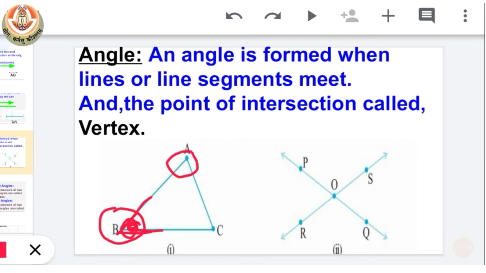Similarly, here this point A and this point C are vertices. Now in this case we have O as the vertex for all four angles.